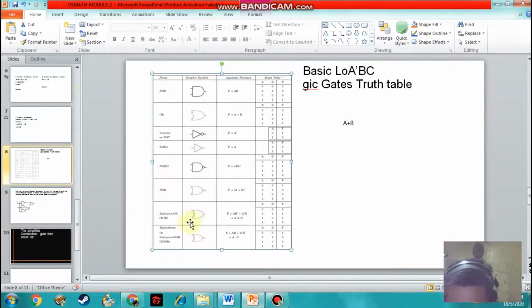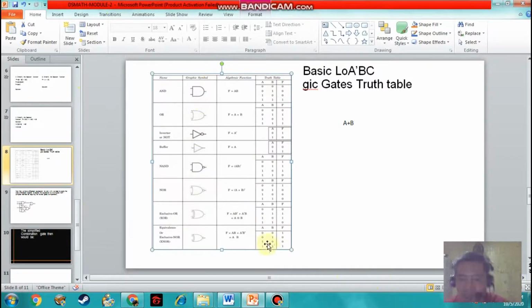Ang XOR naman, ganito siya. Eksakto isang bilang ng 1, 1 siya. Hindi at least 1 ha. At least isang 1, hindi. Eksakto isang bilang ng 1, 1 ang sagot. Ito siya. Exclusive OR yun. Ang pinakaibahan ng symbol, meron pang curve dito. Dagdagan mo lang isang curve dito sa unahan.